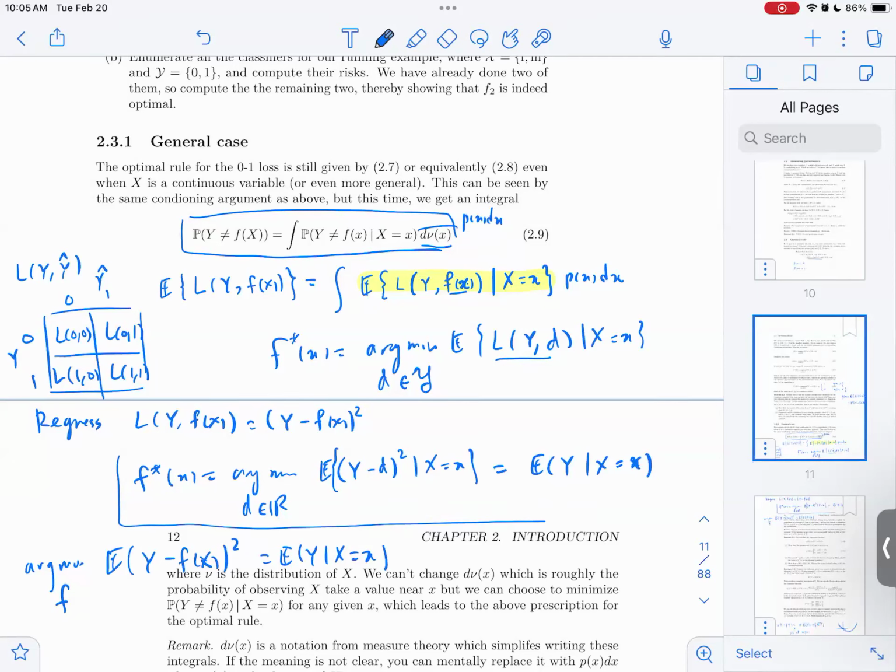In the 0, 1 loss, this is specified like this: 0, 1, 1, 0. You can see it's symmetric for the two errors, but it can be asymmetric. For example, I can have four different numbers, like 1, 2, 5, 6. I can penalize being correct.